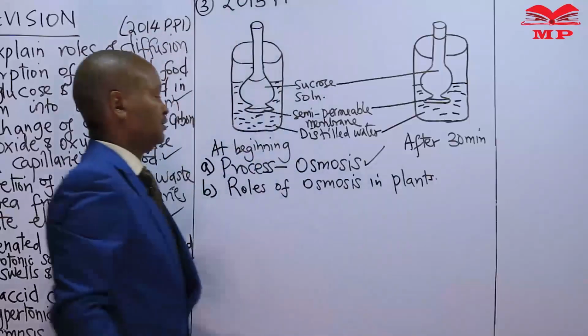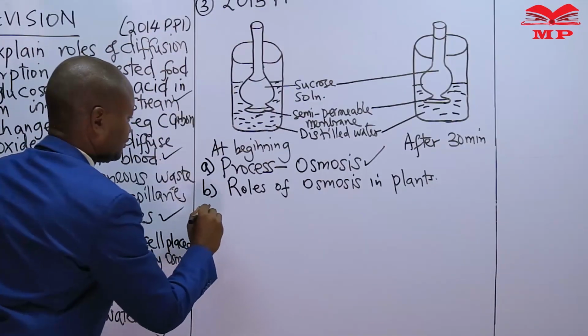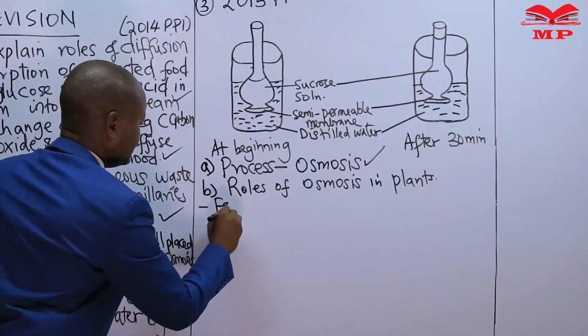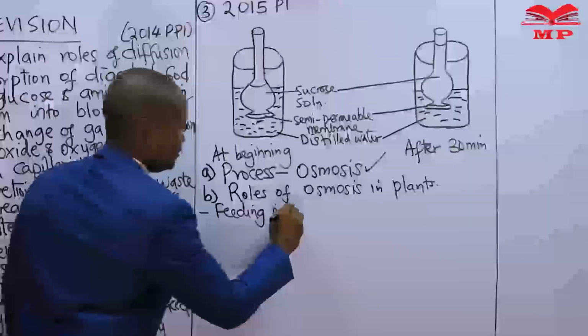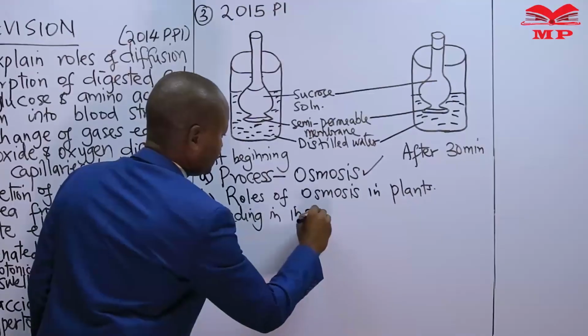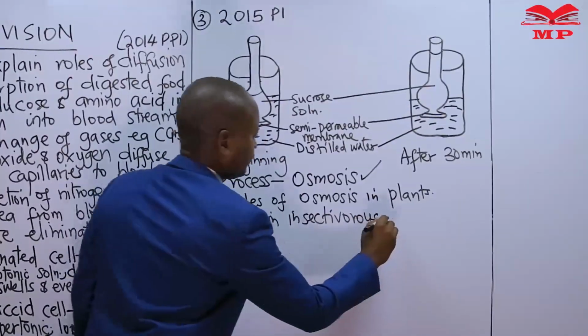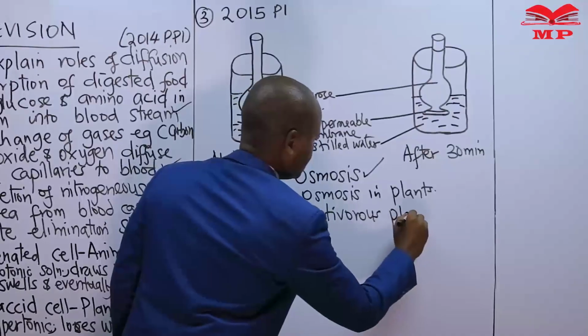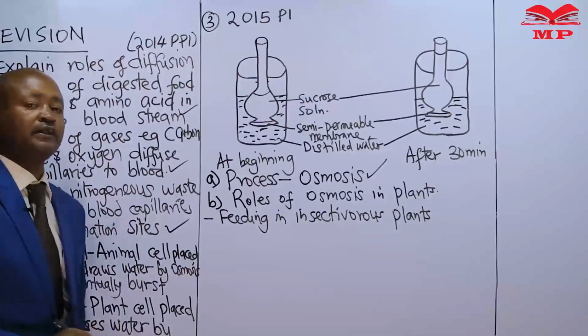If the learner responded in this manner, the first one is feeding in insectivorous plants. That was one of the responses the learner was expected to give.